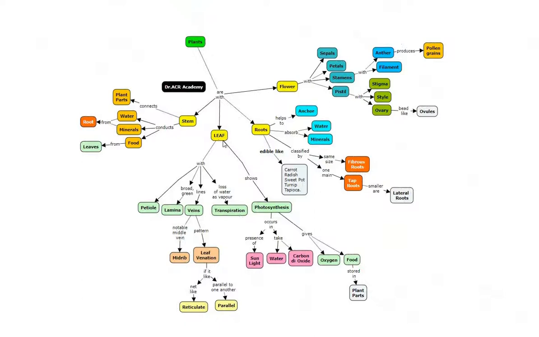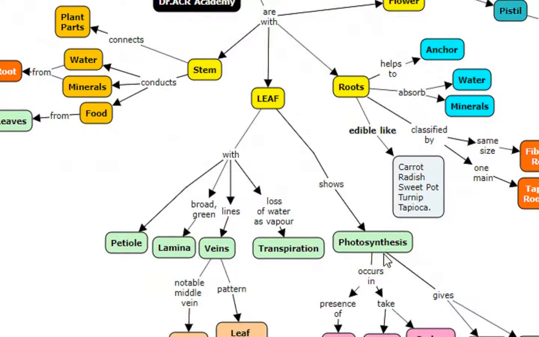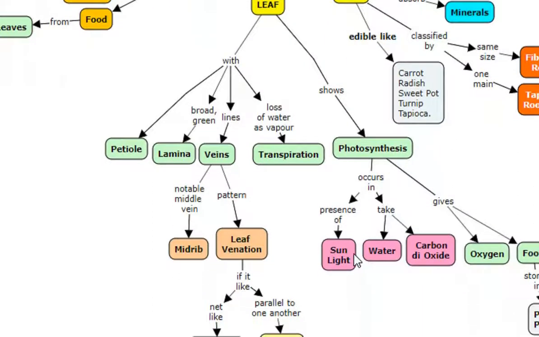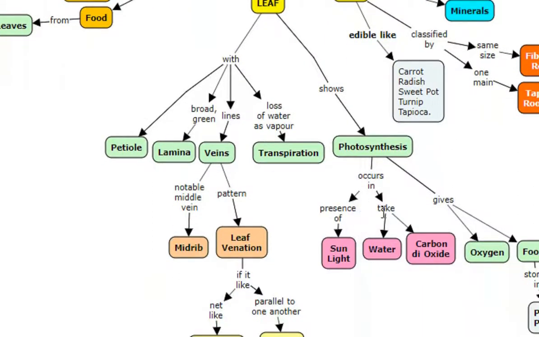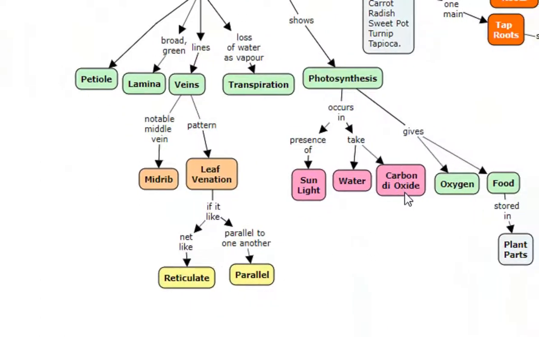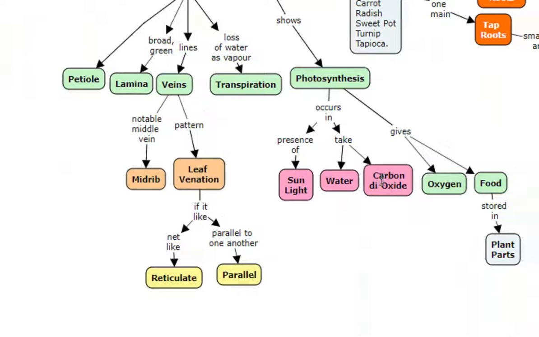Now let us come to the most important function of the leaf. It is called photosynthesis. Photosynthesis occurs in the presence of sunlight, and it takes water from the soil, which is taken by the roots, and carbon dioxide from the air, which is taken by the leaves.